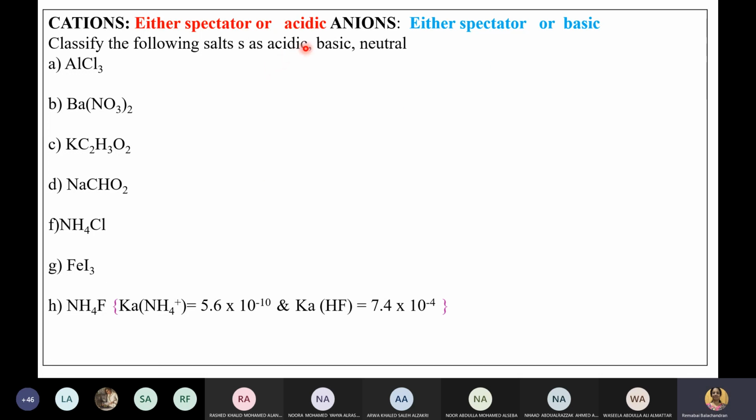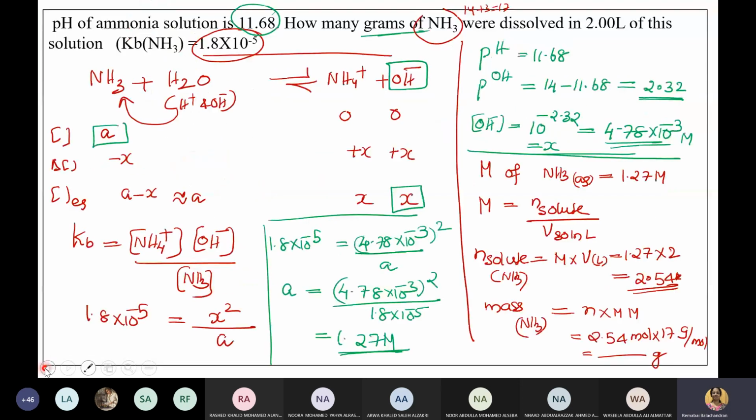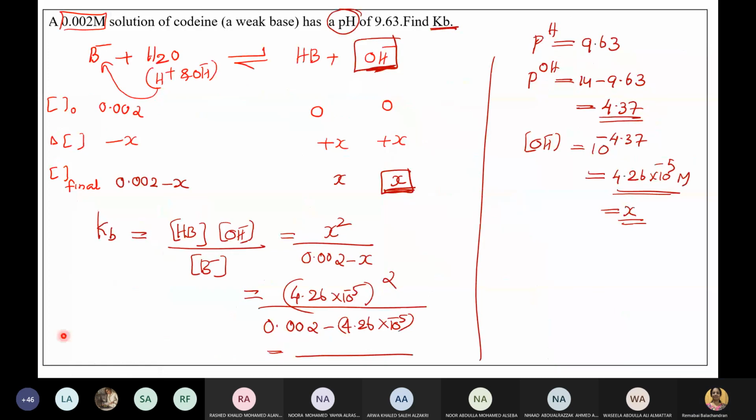Anions: if it is not a spectator, being negatively charged, it gives OH⁻. So it's basic. Understand?